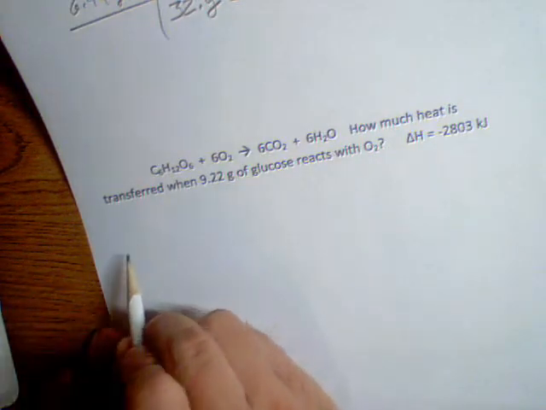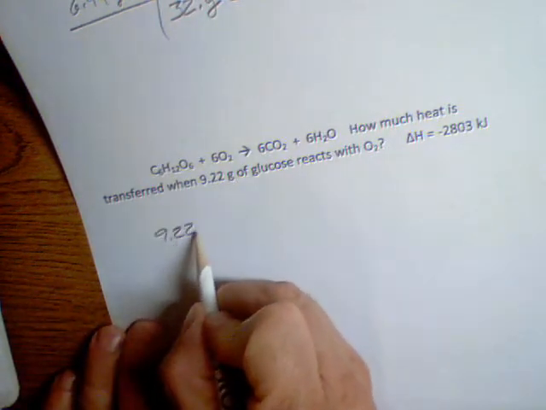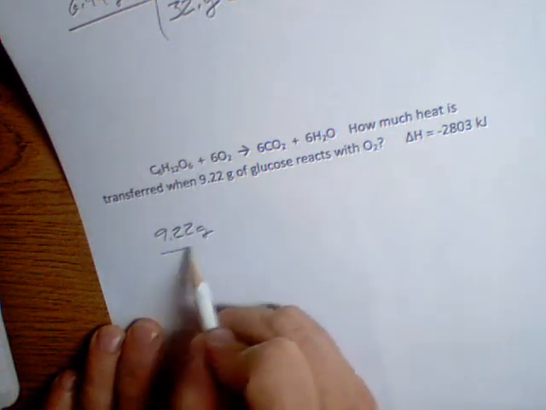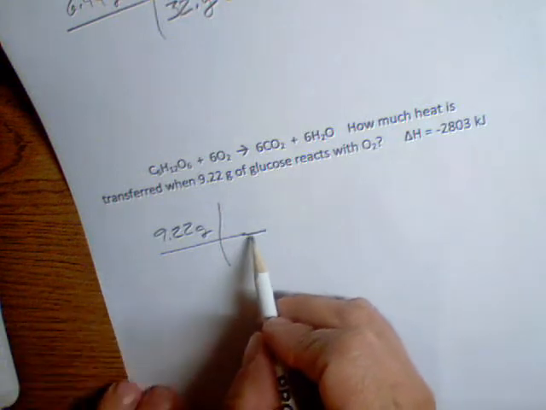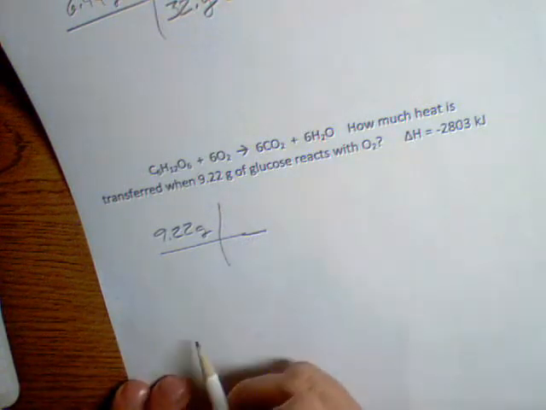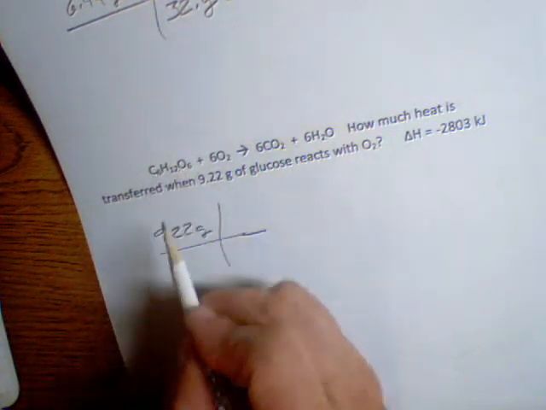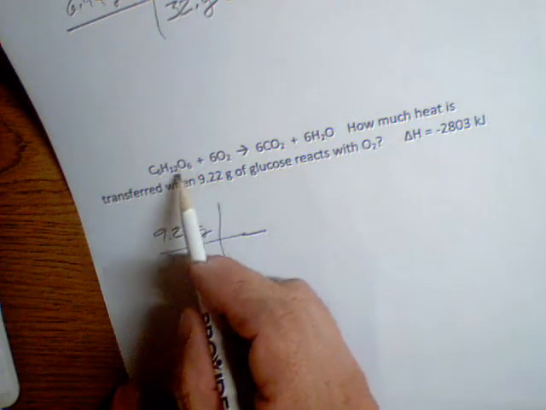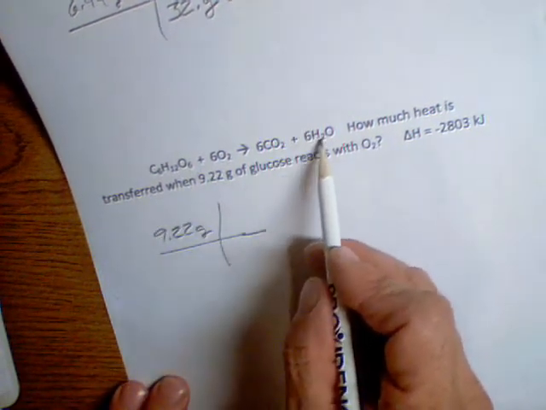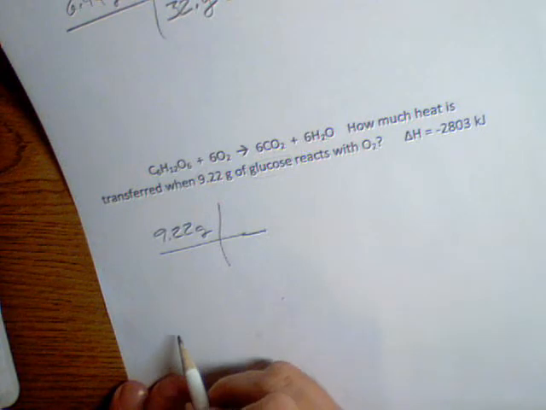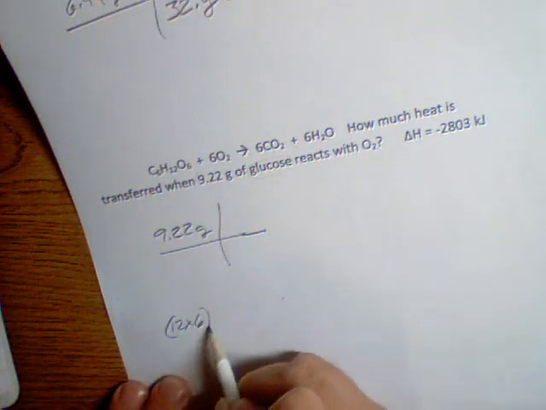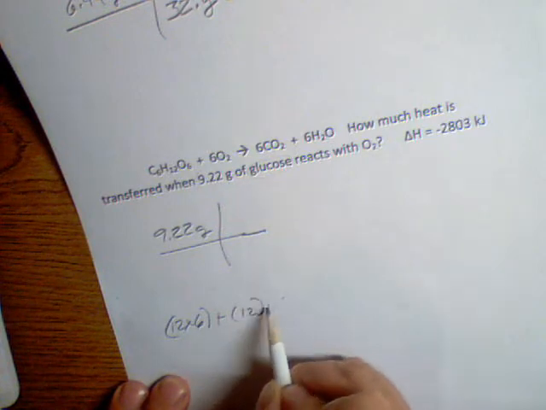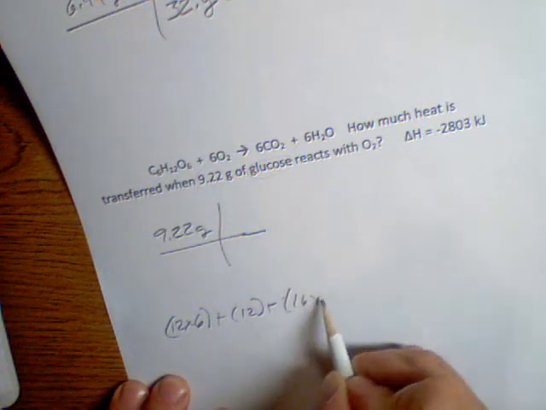We have 9.22 grams given. So we have to turn this into moles by dividing by its molar mass. This is the molar mass for glucose. This is glucose, of course, that's oxygen, CO2, and oxygen, so we're dealing with the glucose. So it would be 12 times 6 plus 12 plus 16 times 6.